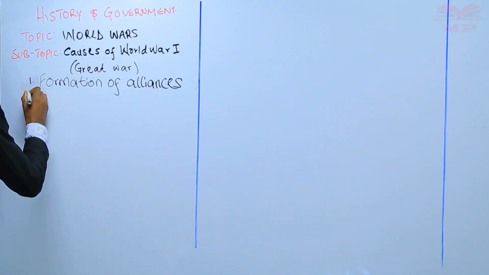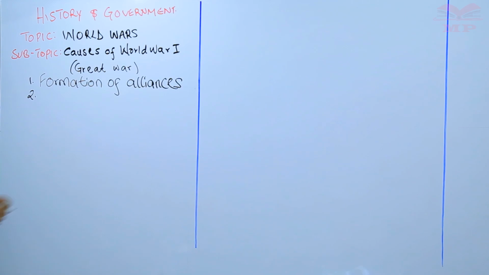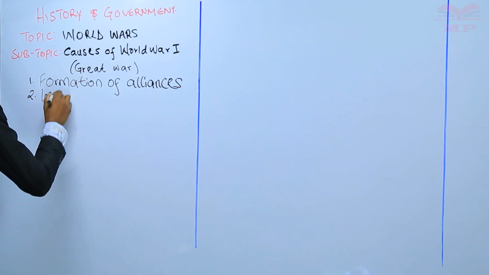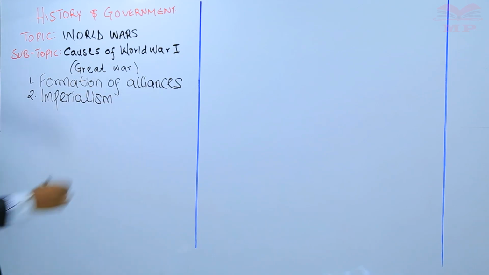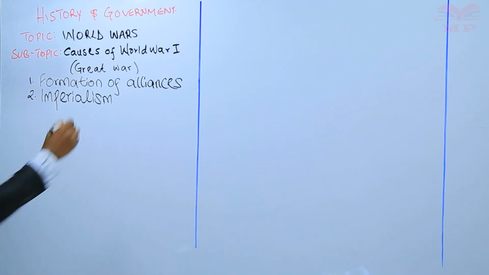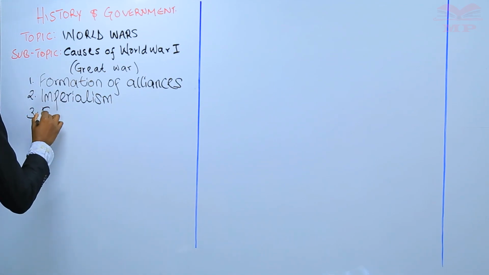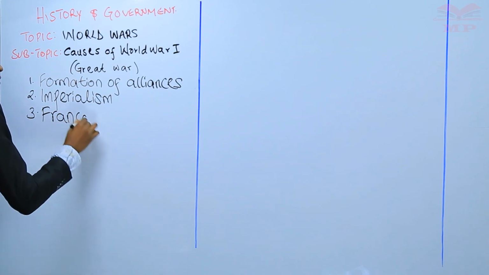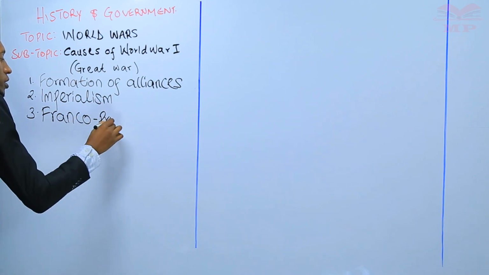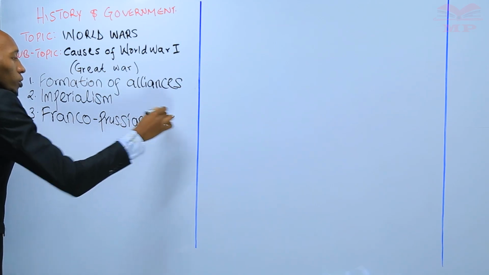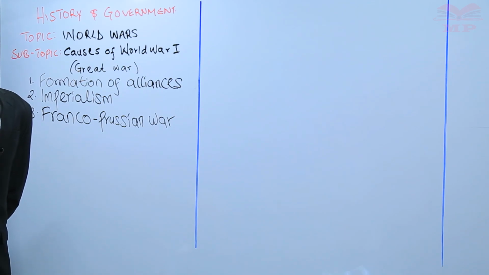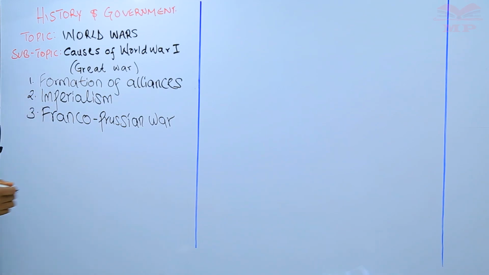And then number 2, we have imperialism. Imperialism is our next cause of World War One. And then number 3, we have the Franco-Prussian War as our third cause of World War One.